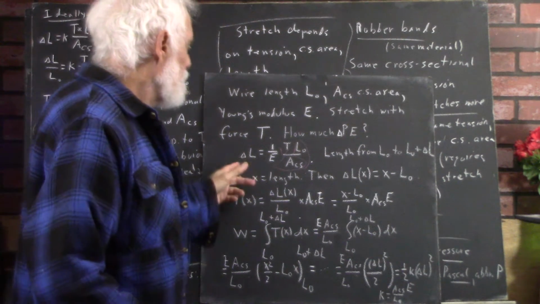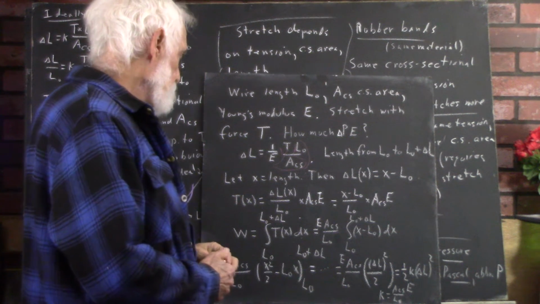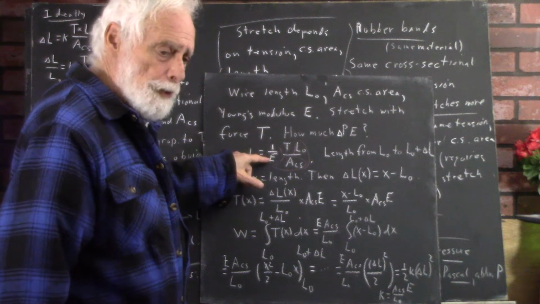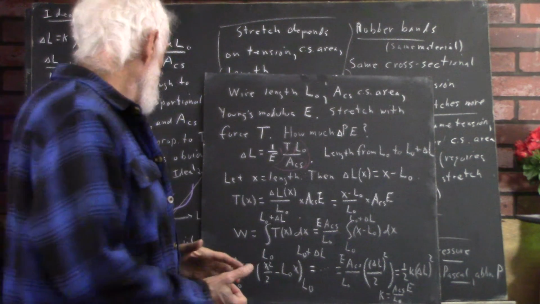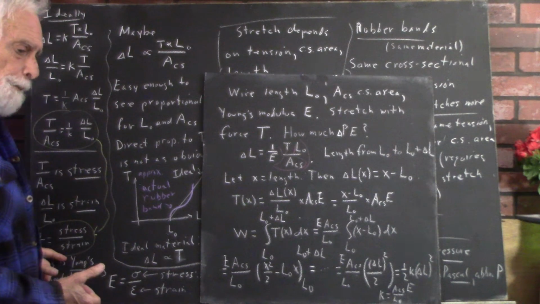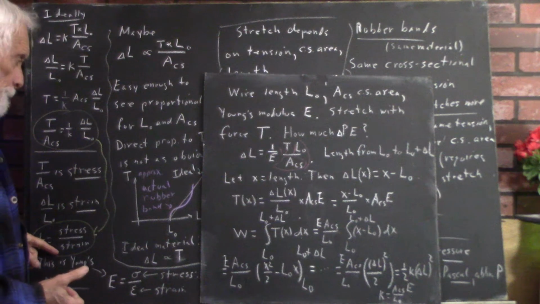Okay, now, let's look at this relationship for a minute. It makes more sense now, makes good sense, because if you have a greater Young's modulus, that means you have a greater ratio of stress to strain, more force per unit area for a given amount of strain.